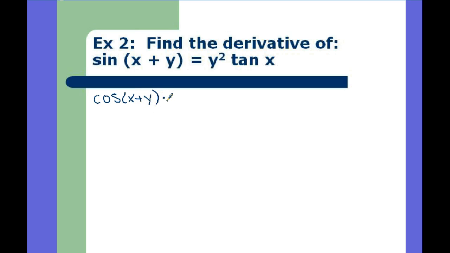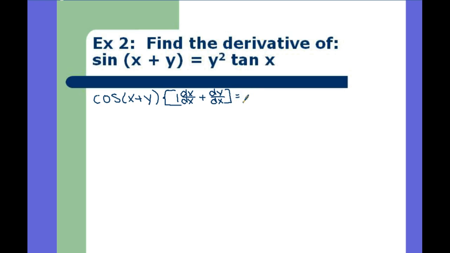Chain rule says outside derivative, inside stays the same, times the inside derivative. This is where your brackets are more important than ever. What's the derivative of x? 1 dx/dx. What's the derivative of y? It's still 1 and then dy/dx. Yeah, okay.